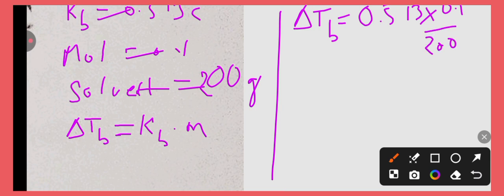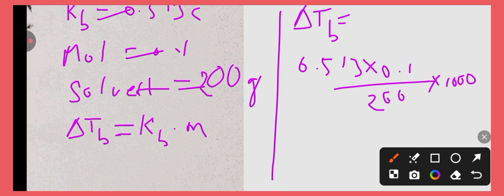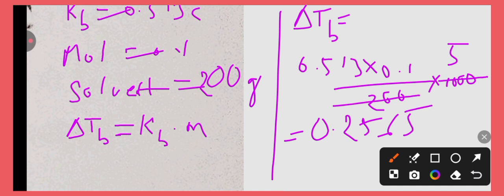This is in gram, so we need to multiply by 1000. 0.513 into 0.1 divided by 200 into 1000. When we cancel out and multiply, we find that 0.2565 is the answer.